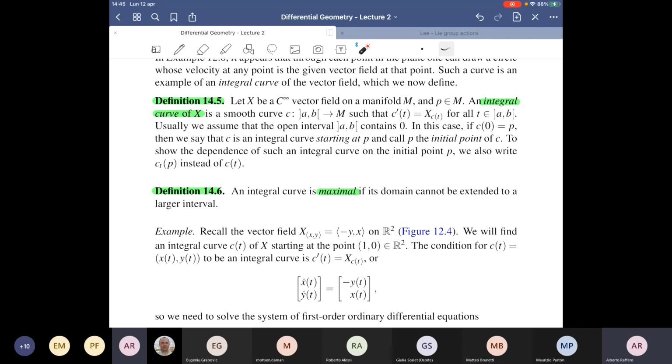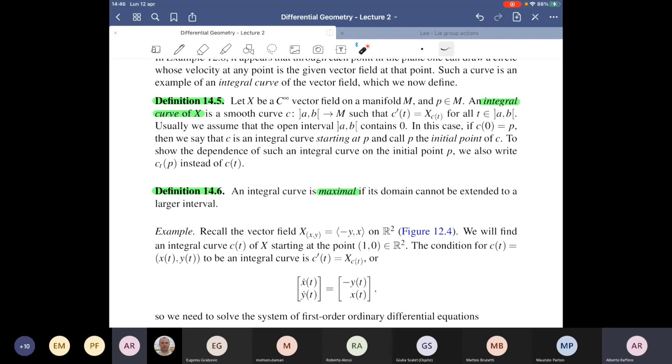Once you consider an integral curve defined on some open interval, eventually you can extend this open interval to a larger interval. But in some cases, you will end up without having the whole real line. So in that case, you consider the maximal possible interval you have, and you define an integral curve to be maximal if its domain is maximal in this sense.